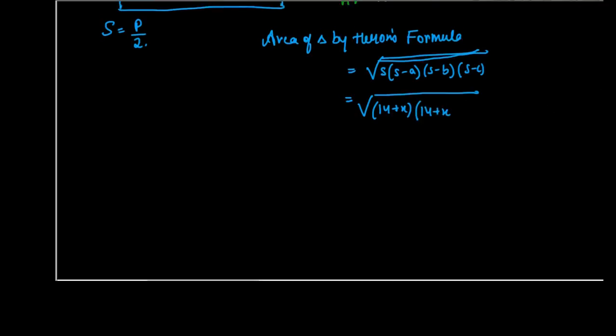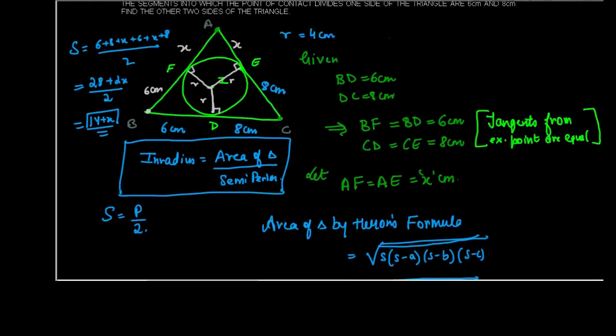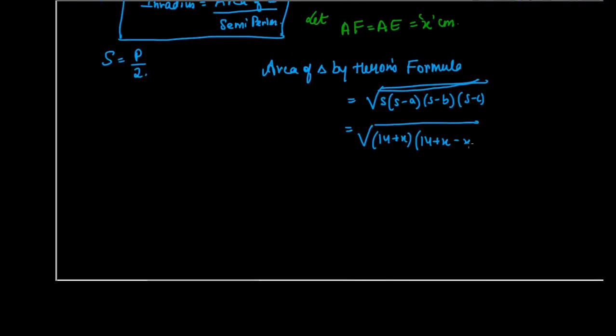Let me assume that AB is A. So AB will be A, that will be x plus 6. So minus (x plus 6), that is 14 plus x minus x minus 6, into 14 plus x minus 14, because 6 plus 8 is 14. BC is going to be B, so 6 plus 8 is 14, into 14 plus x minus 8.